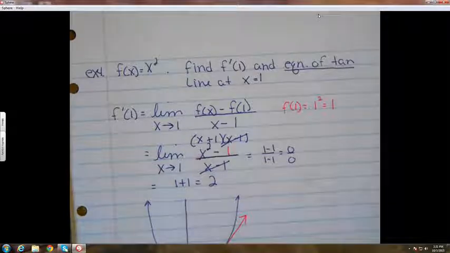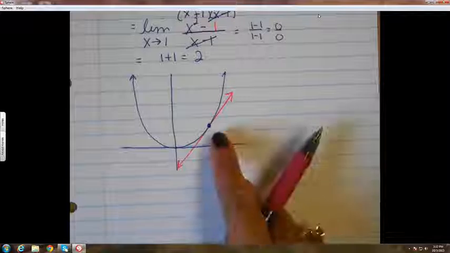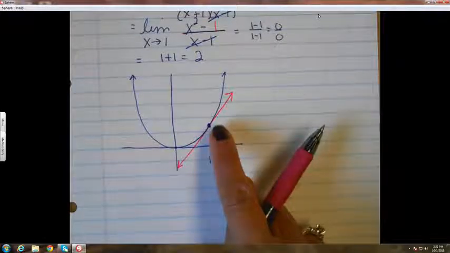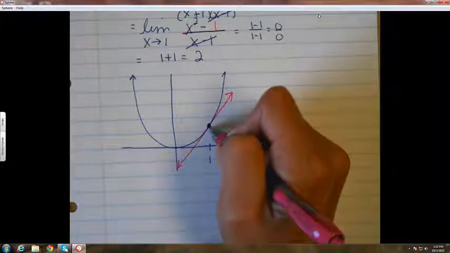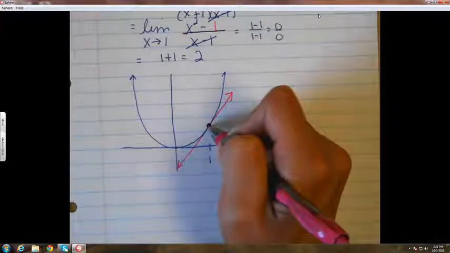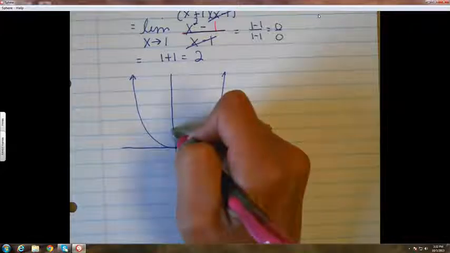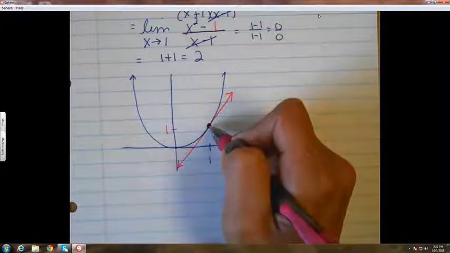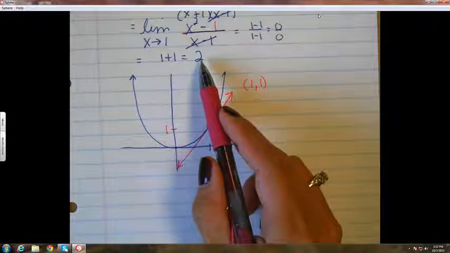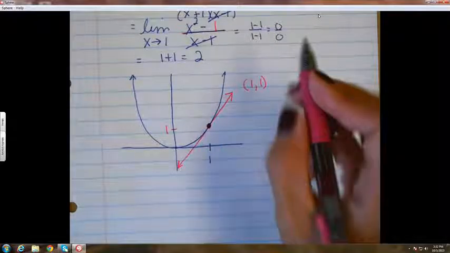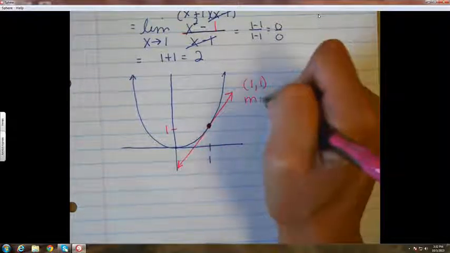I know quite a lot about this line right now. I know an ordered pair that's on the line because it shares the ordered pair with that parabola. That point was 1, 1. When x was 1, we plugged it in, the y was 1. So I've got a point on the line, 1, 1. And because I just found this derivative value of 2, I now know the slope of this line also. The slope equals 2.